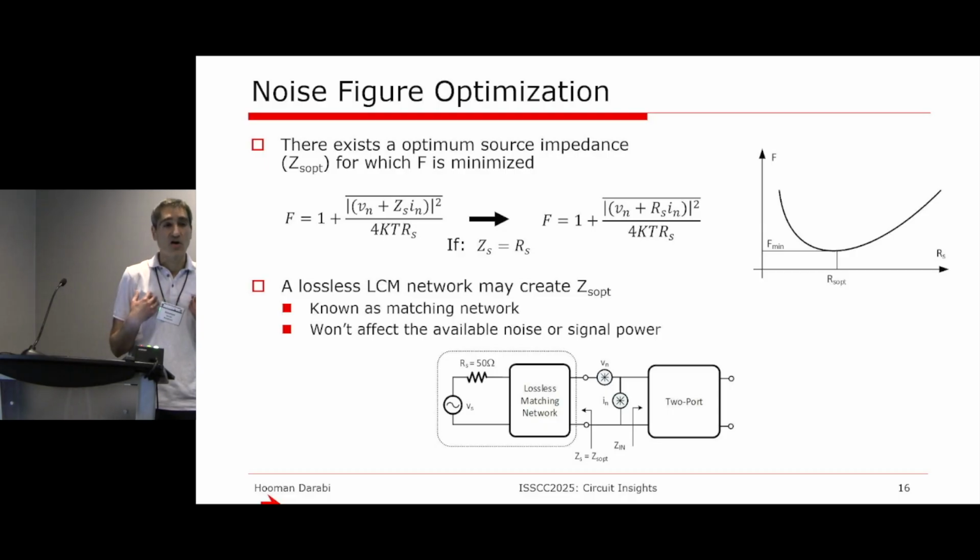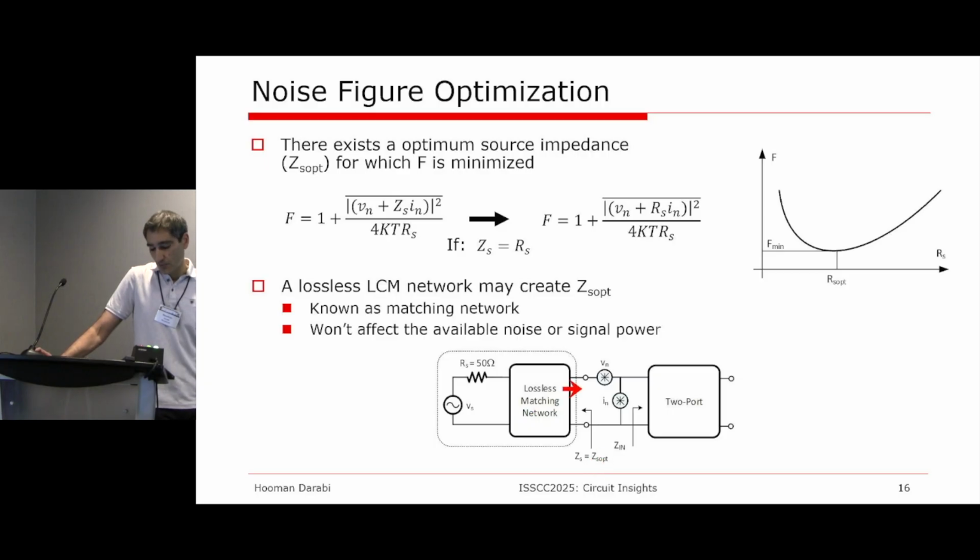It's not in our control to change it, and that's true, except for we can always insert what we call a matching network between the noisy 2-port and the actual source, let's say 50 ohm source, which will transform the impedance to something of our liking, in this case the optimum Zs.